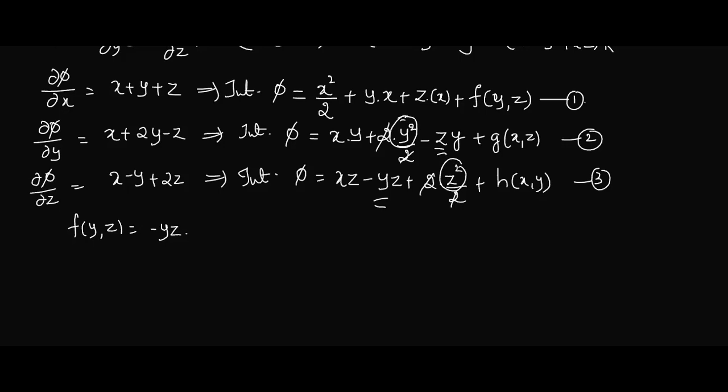Obviously, how can I write y square into z to the power 0? Similarly, can I treat z square as a function of y, z? Again, same. So not only one term, we should take it as three terms. It's a little typical where we have to choose like this. If I don't choose like this, obviously my expression is not going to be correct. Agree?